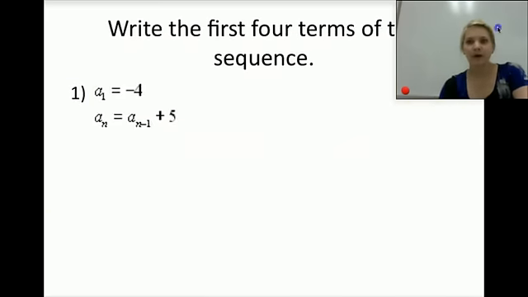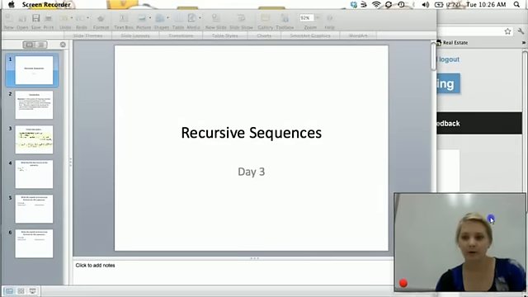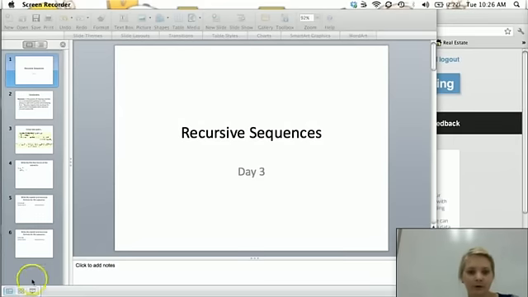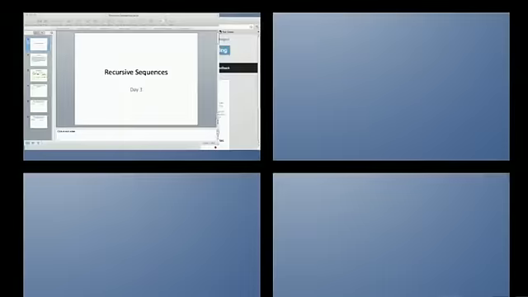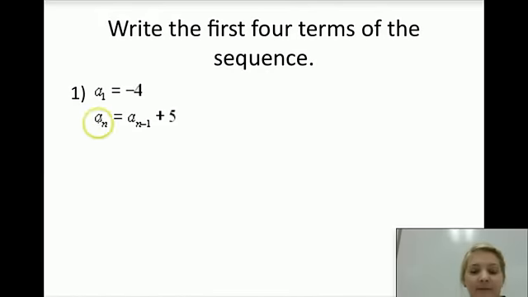All right, the first thing we are going to do is write the first 4 terms of the sequence. Now, as I mentioned, it's recursive, so we're given that first term. So we know the first term is -4. Now to find the second term, we're substituting into the formula.